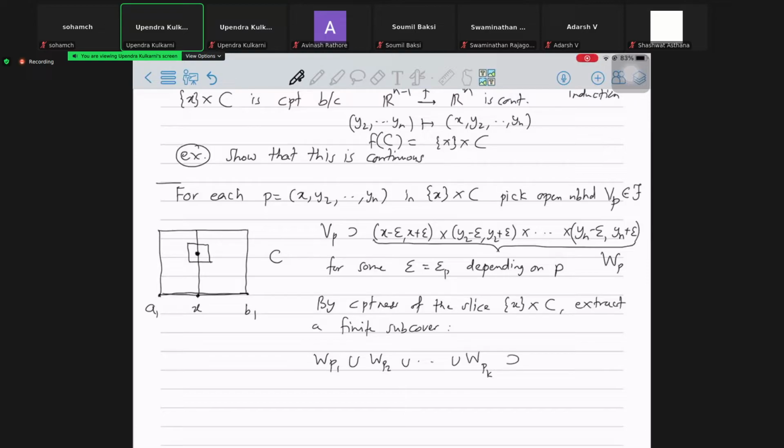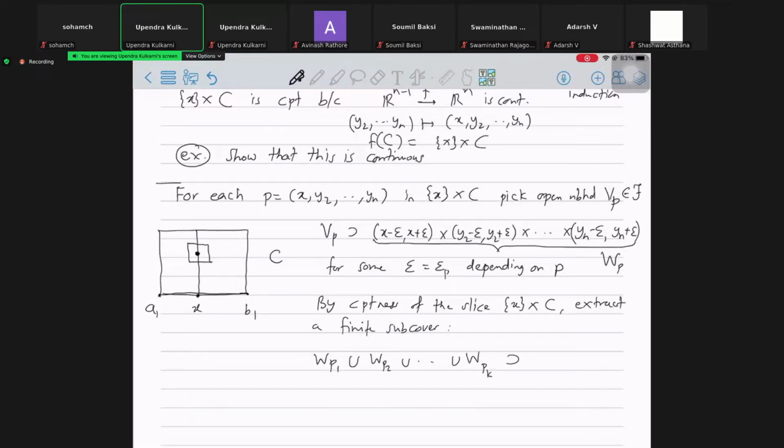This will contain what? Sir, I think you mean VP1. No, I do not want to use VP1 because I really want to work with these boxes. I will come to V's later on.